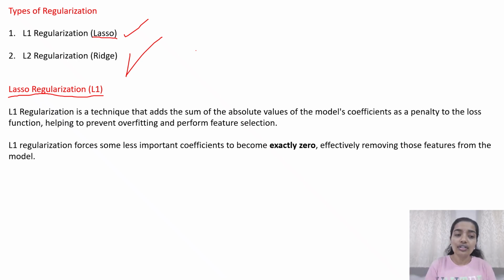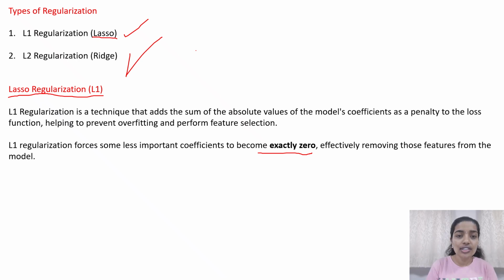And with L1 regularization, the most important thing is that the irrelevant features, which do not affect the performance of the model, are made exactly zero by Lasso regression. So this becomes exactly zero, which means it removes the unnecessary features completely.